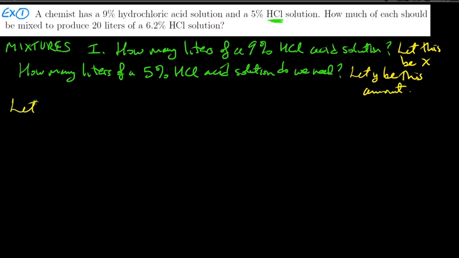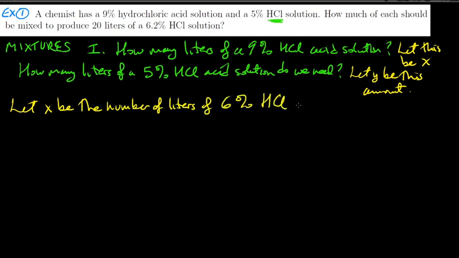So let X be the number of liters of the 9% HCl, and you can abbreviate HCl for hydrochloric acid.